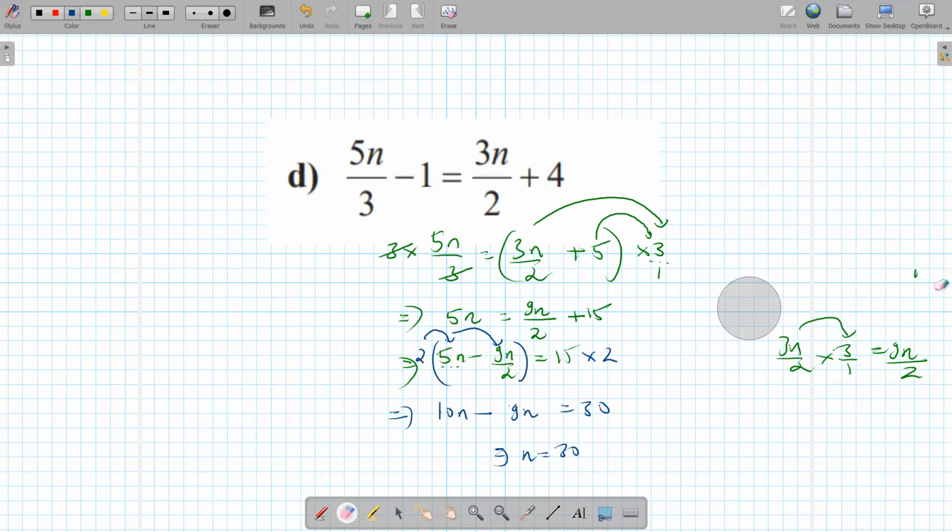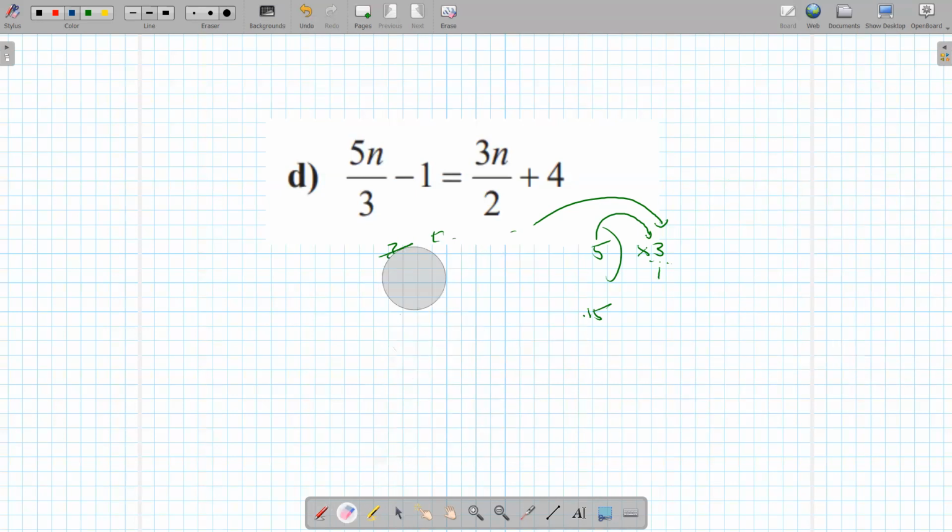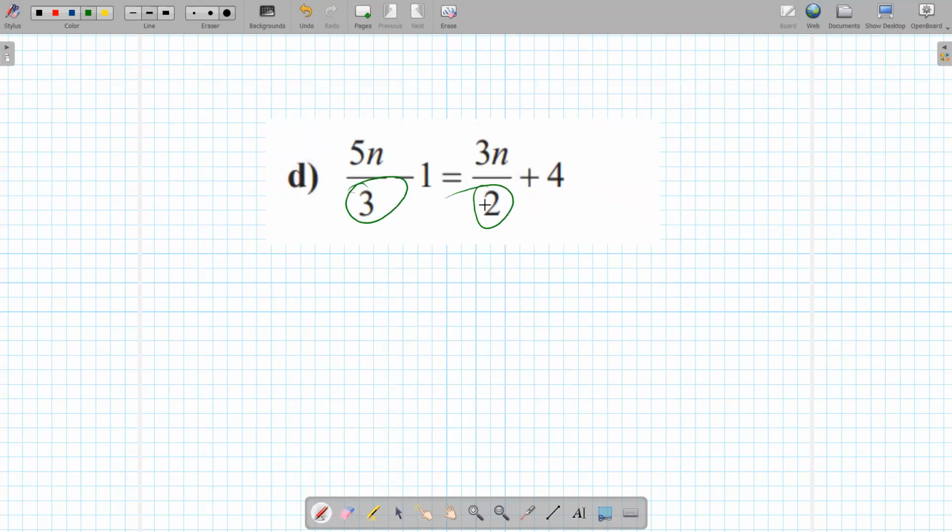I want to show you another way to do this, which is what I would do. This is right as well, but because we have fractions, and nobody likes fractions, what we're gonna do is multiply both sides by something that'll help us cancel out the fractions. It's going to be a 6, because 3 goes into 6, 2 also goes into 6.